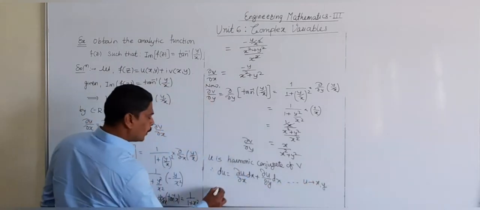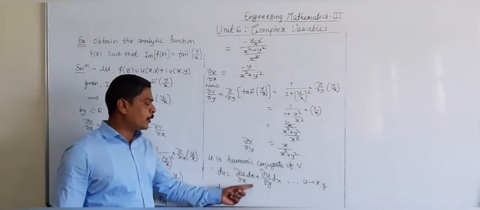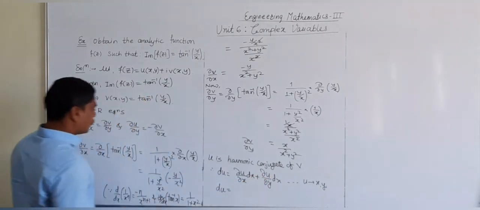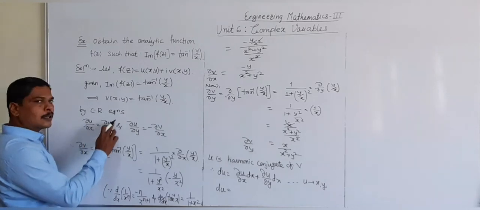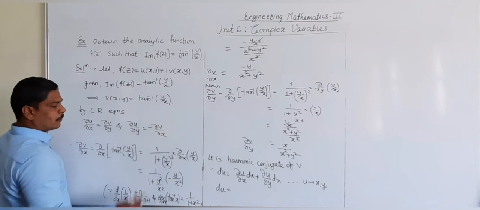Now, using the CR equations, we don't know the value of the partial derivative of u with respect to x and the partial derivative of u with respect to y. So that's why we are using the CR equations and replacing ∂u/∂x with ∂v/∂y, and ∂u/∂y with minus ∂v/∂x.